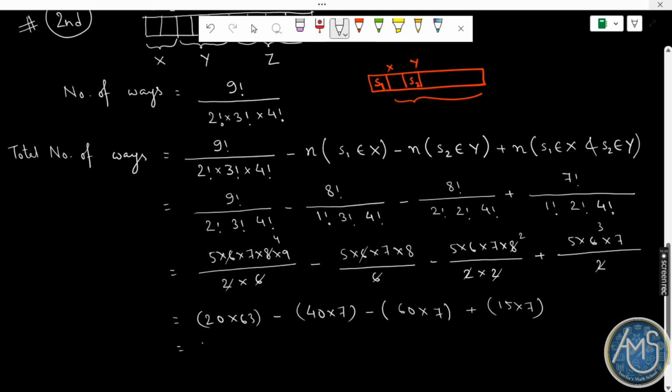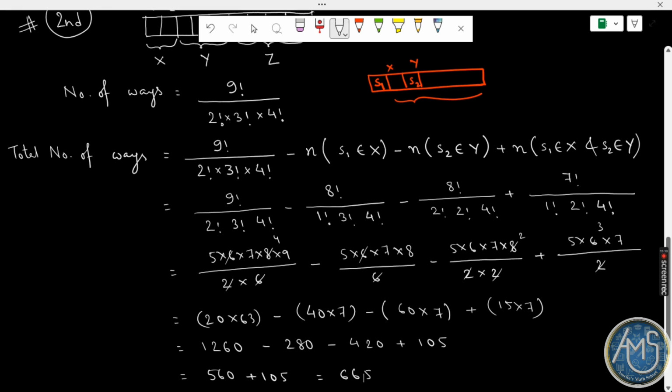So it is 1260 minus 280 minus 420 plus 105. So this is nothing but 700 subtracted, it will be 560 plus 105, that is 665.